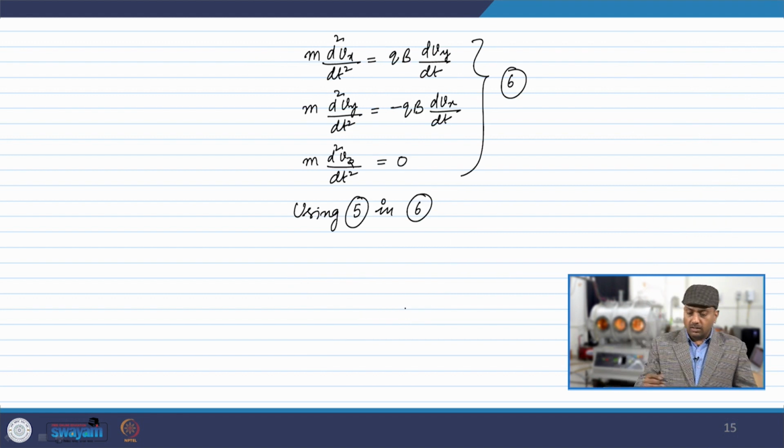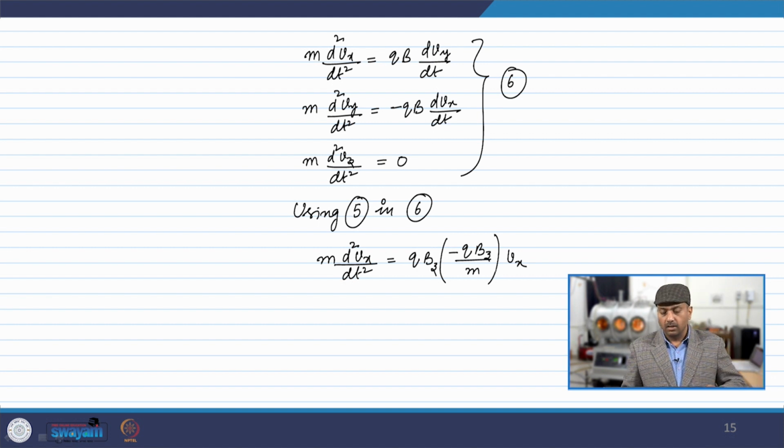Using that in these equations, we will be able to write m d square Vx by dt square is equal to qB times minus qB by m Vx. We can continue writing the subscript z to indicate the direction of the magnetic field.